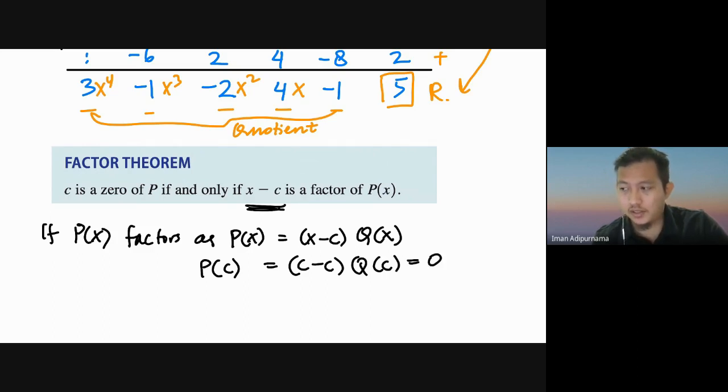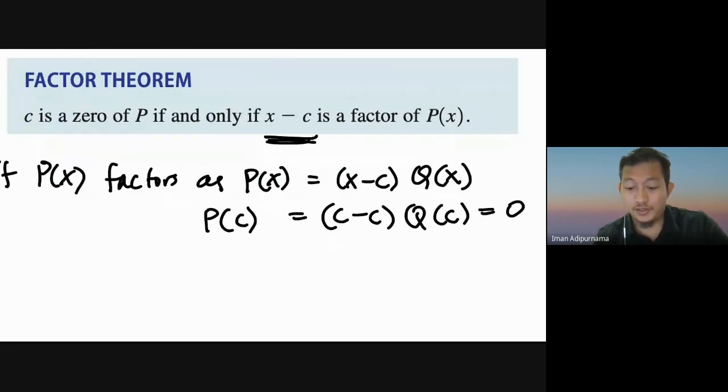Because the result should be 0, right? If P(c) is 0, then by the remainder theorem, wait.